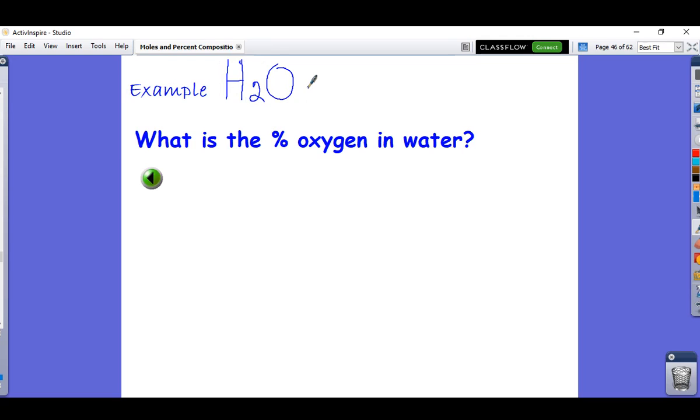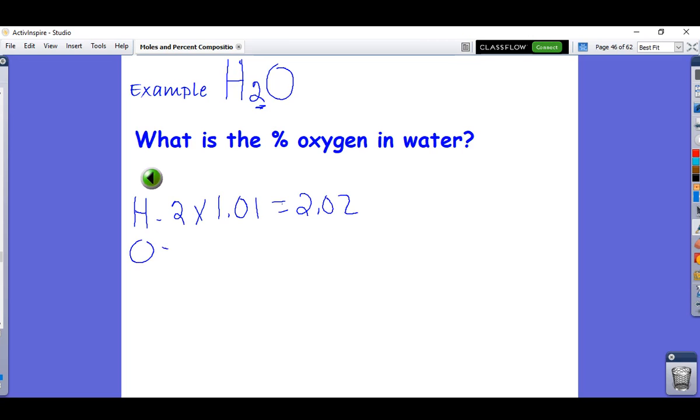That 2 means we have 2 hydrogens, so that's 2 times, and if you look on your periodic table, you will see that hydrogen is 1.01. So that gives us 2.02.